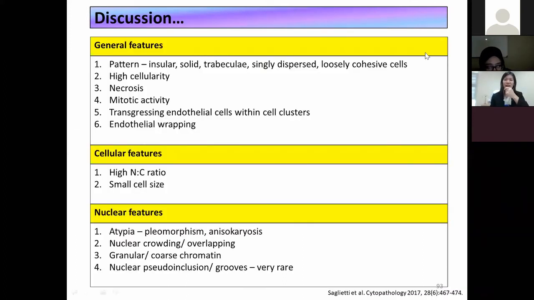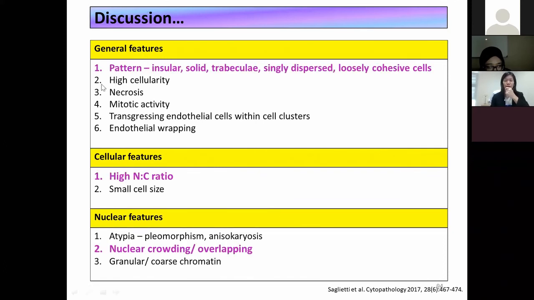So these are the diagnostic features summarized in this review. These are the cytological features that are most predictive of poorly differentiated thyroid carcinoma, as highlighted here.